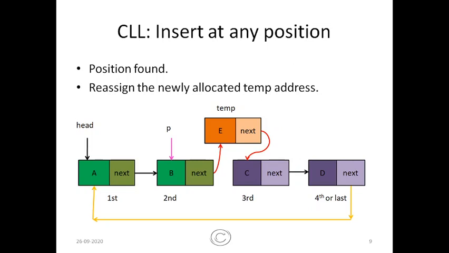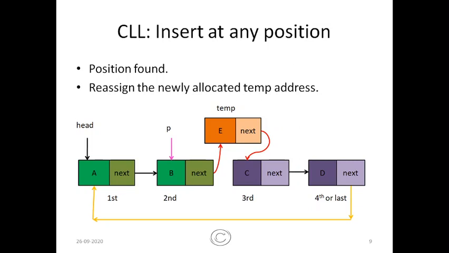That will be assigned to temp's next, and the current P's next will be assigned the temp address. This change is done by simply breaking the link between B and C and re-establishing the new links, B to E and E to C. How do we access C?